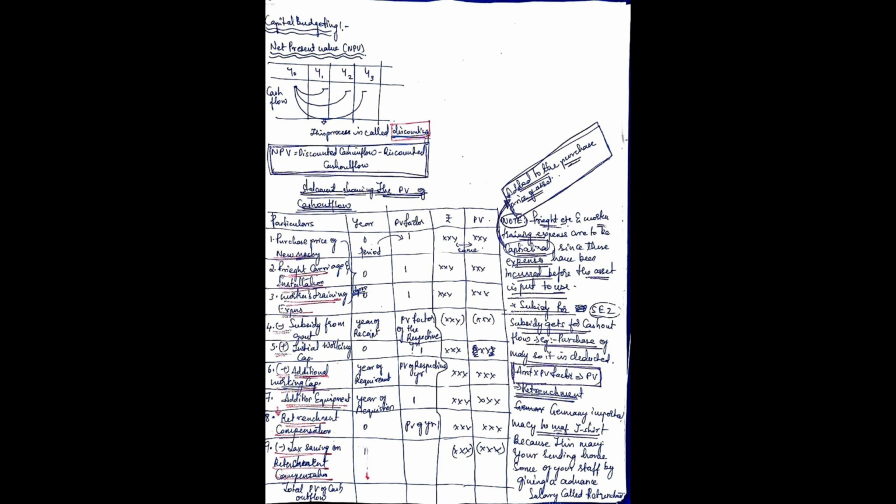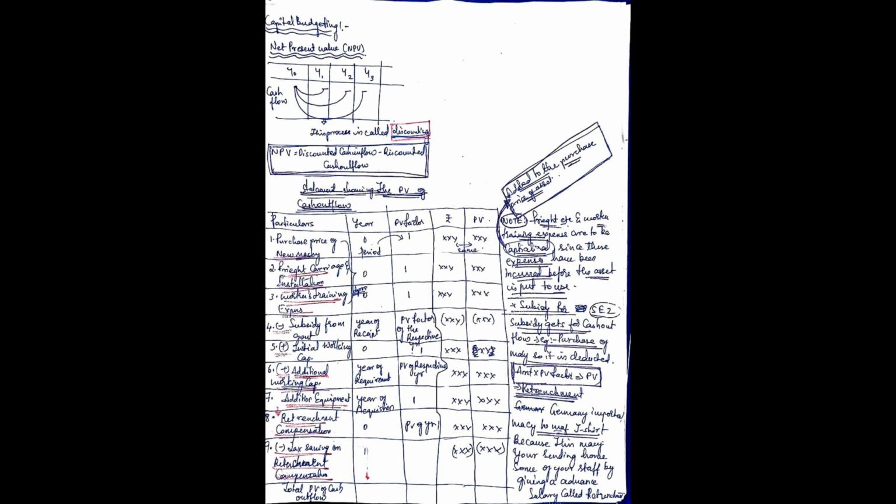This is a format for showing the present value of cash outflow, that is particulars, year, PV factor, amount and PV. Here, purchase of new machinery starts today, that is zero period, and the PV factor will always be 1, and the amount and PV are always the same.